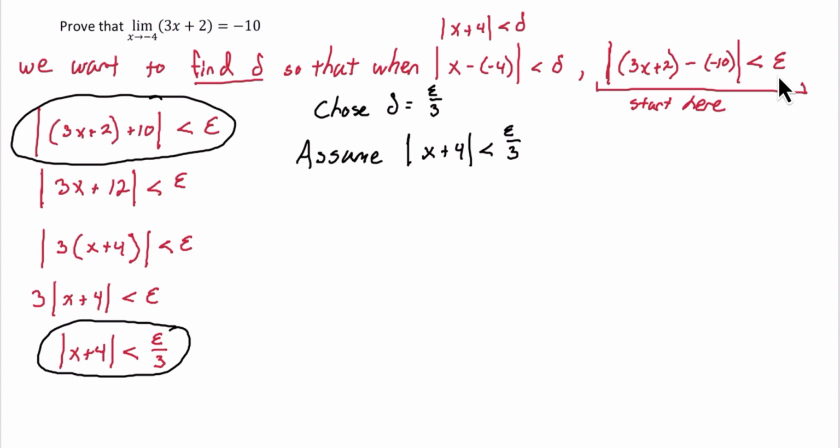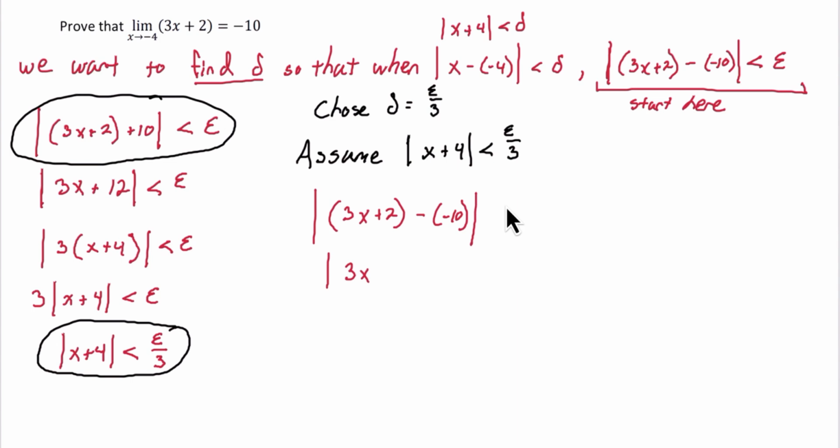So let's go back to what we had there. We have the absolute value of 3x plus 2 minus -10. And again, our goal is to prove this piece. We want this to be less than epsilon. The next few steps are going to look familiar because we did most of them already.